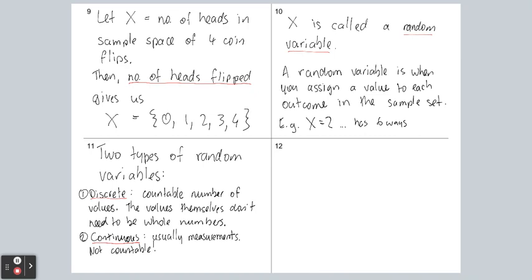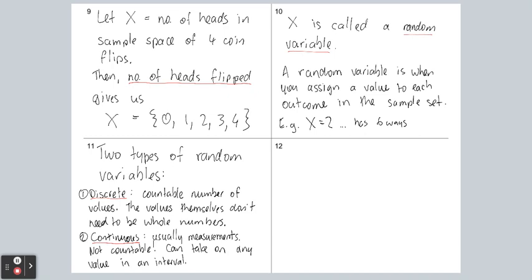But it may be limited, but it's not countable. I'm getting there with that one because the continuous is a bit tricky. Can take on any value in an interval. Do you remember what interval notation means? From a number to a number.